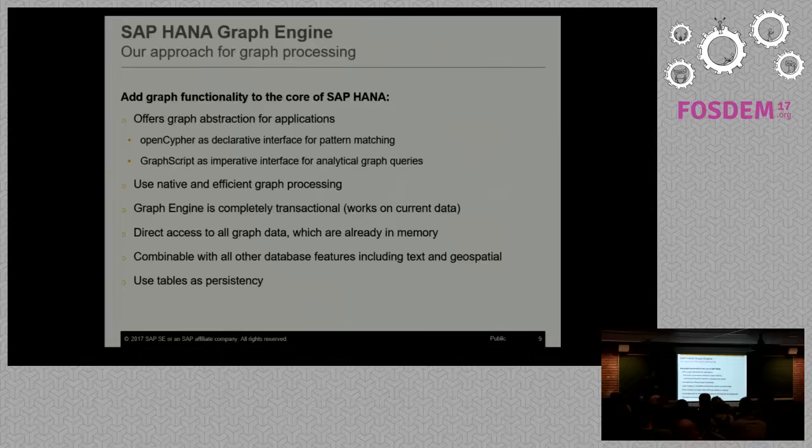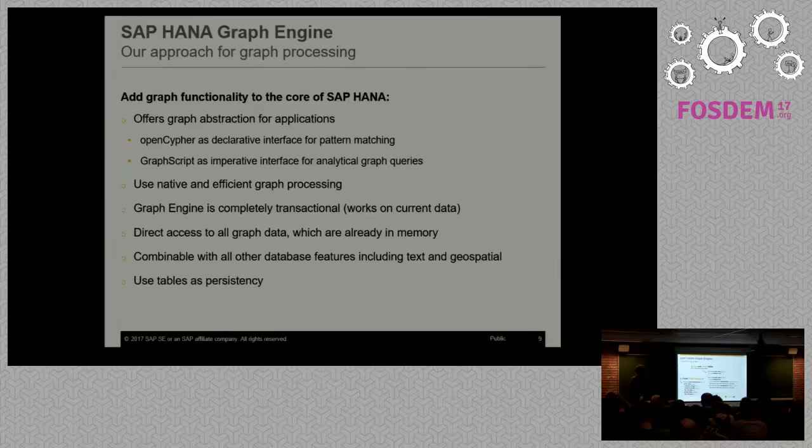Because we are in the same process, we have direct access to the data, which is already in main memory, because in HANA all data is in main memory. Our features can be combined with all other features from the database, like geospatial processing. As persistency, we still use the tables of the database, so we reuse the infrastructure.